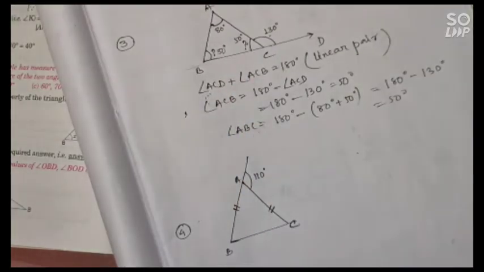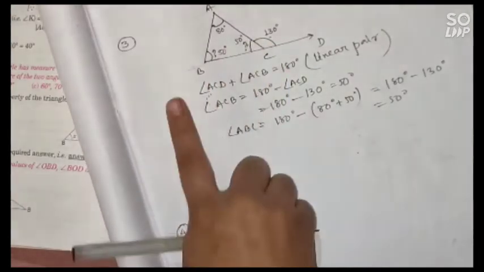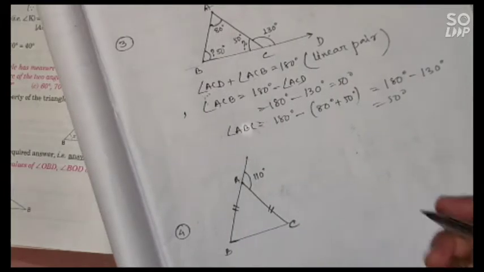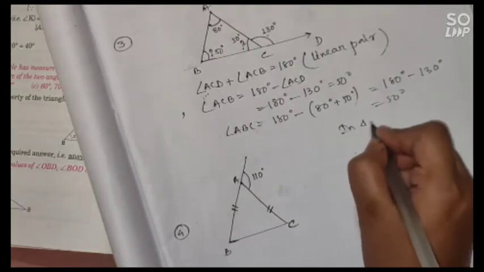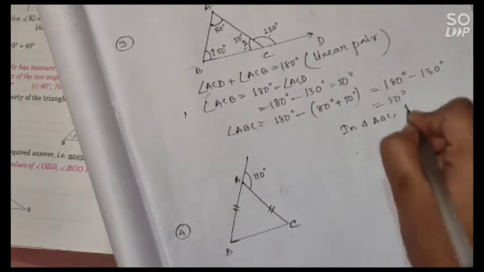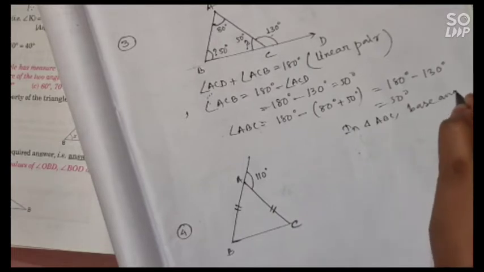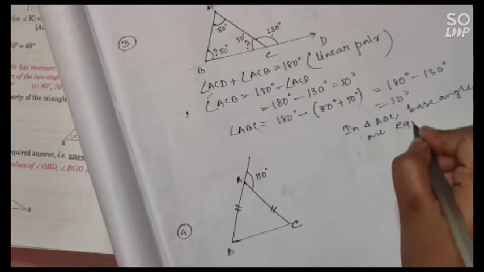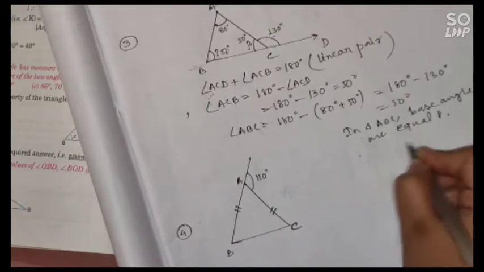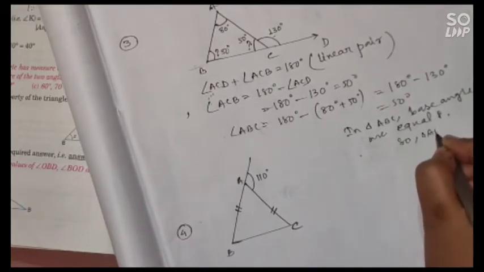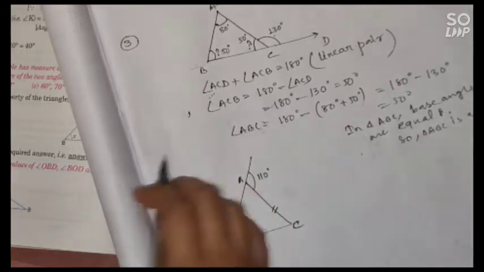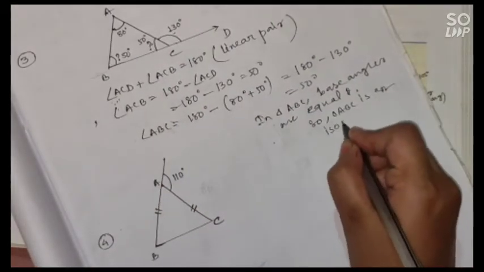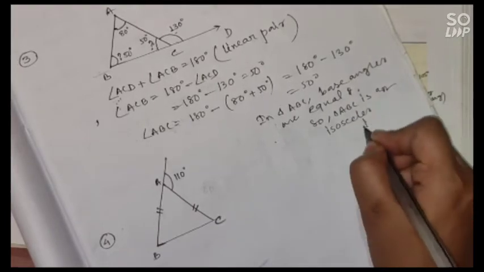So in triangle ABC, base angles are equal. So this is an isosceles triangle. ABC is an isosceles triangle.